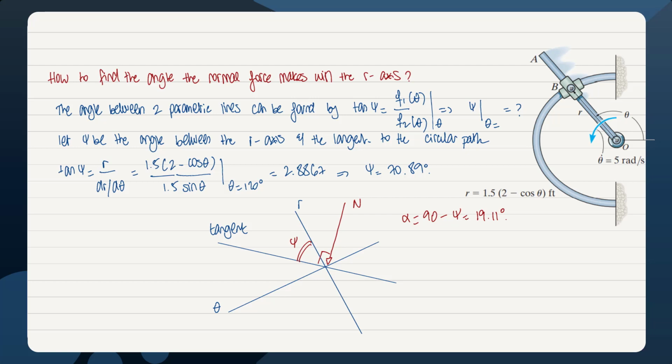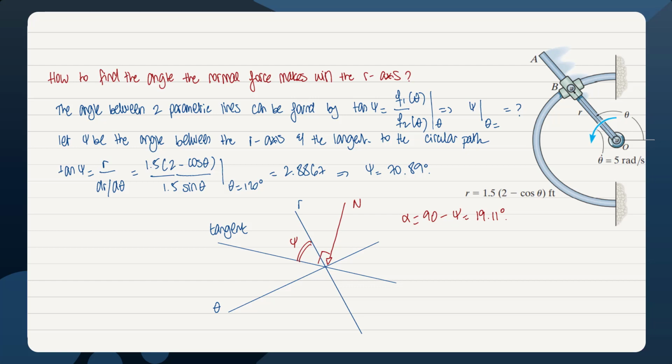If we want to find the angle between them, as you can see in the schematic, we can write tan xi is equal to r, the equation of r, divided by the equation of the tangent, which is dr divided by d theta. Now replacing r with its expression and dr over d theta with its own expression, we get the following. Remember, to get xi, you need to replace theta with 120 degrees, and so you end up with xi equal to 70.89 degrees.